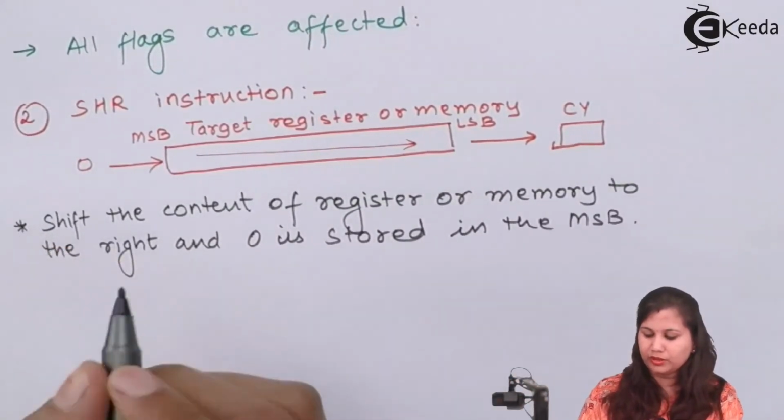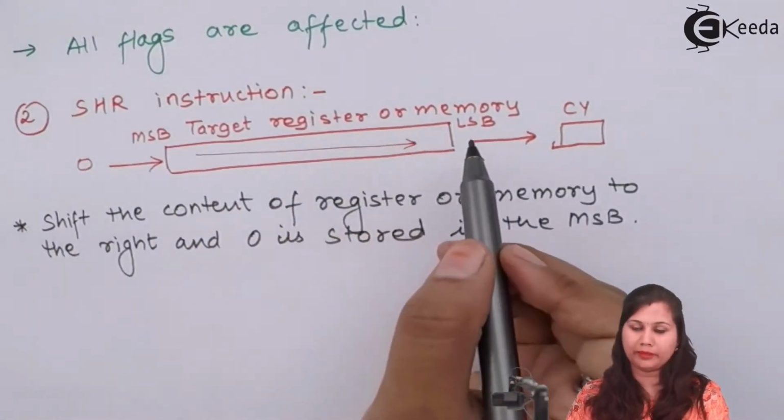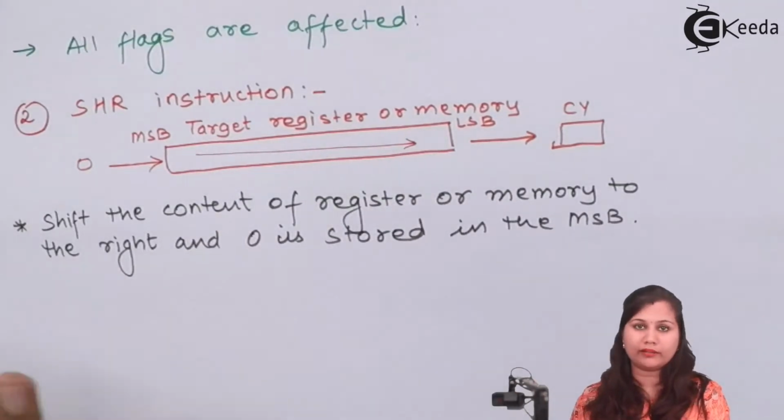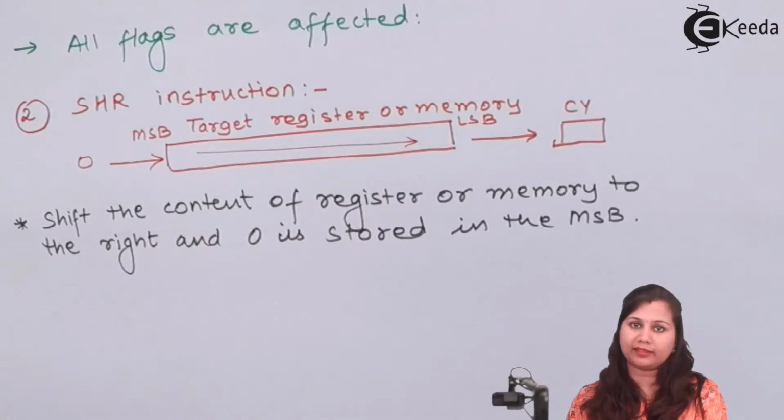Here also the target, that is the destination, can be a register or a memory location. Also all the flags will be affected and the number of shifts will be indicated by the count.